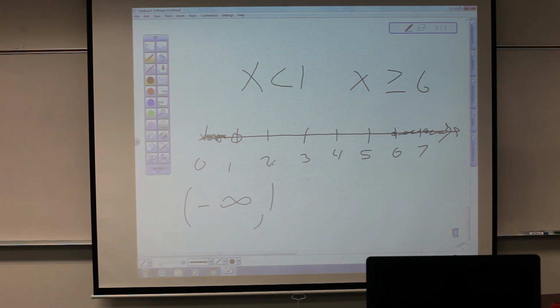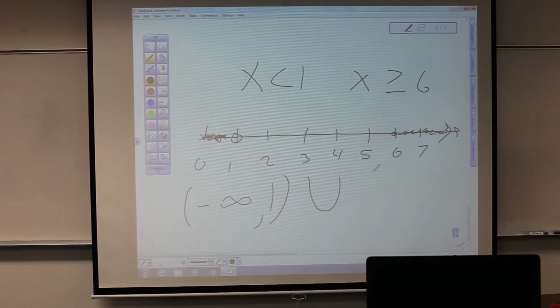Oh, never mind. It can't equal 1, so it's a parentheses. Now, the symbol you may not remember is this big funky U. The symbol means union, but it just means do both of these things.